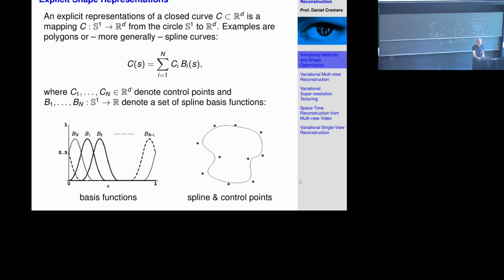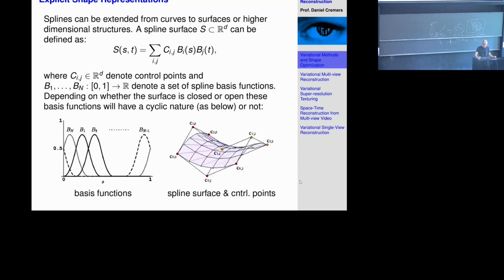Obviously, this is for curves, right? But you can do the same for surfaces, in which case you have control points, Cij, so it's a whole 2D grid of control points in R3. There they are. And then you multiply Cij with Bi of s, Bj of t, and then you have a 2D parameter interval, right?